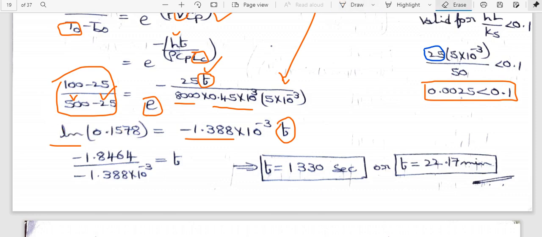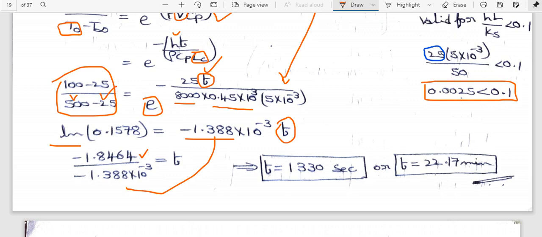Ln of 0.1578 is equal to minus 1.8464, and this is brought from this side to this side. So minus 1.388 into 10 power minus 3 is equal to the time. After calculating these two values, time is equal to 1.33 seconds, and it can be converted by dividing by 60, that is in minutes 22.17.